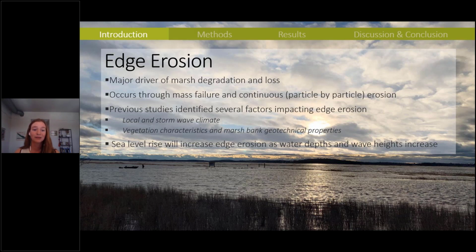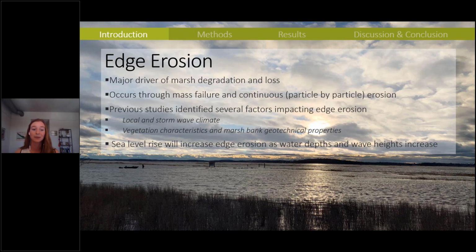Previous studies have identified several factors impacting this type of edge erosion. A big one is local and storm wave climate, where the waves pound at the marsh bank and dislodge the sediment, as well as undercut the bank. So the waves hit the bottom half of the bank and cut into it while the top part of the marsh bank still sticks out.